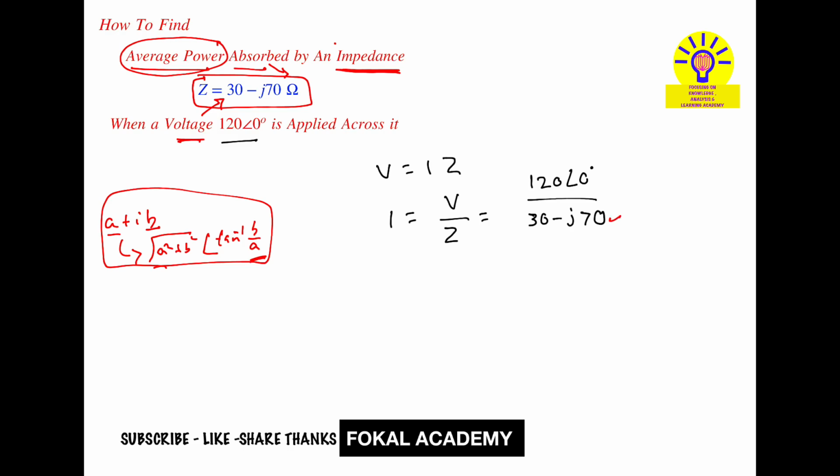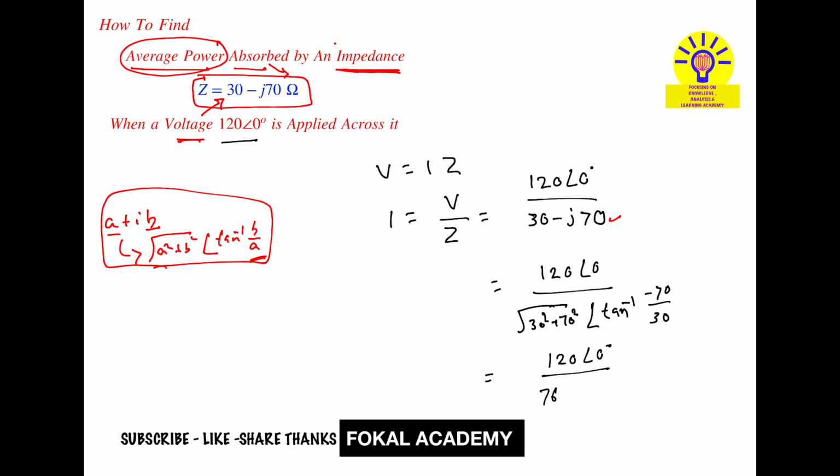We get 120 with phase angle 0 upon root of 30 squared plus 70 squared, which gives the magnitude, and the phase angle is tan inverse of minus 70 upon 30. By simplifying this we get 120 with phase angle 0 degrees upon 76.16 with phase angle minus 66.8 degrees.